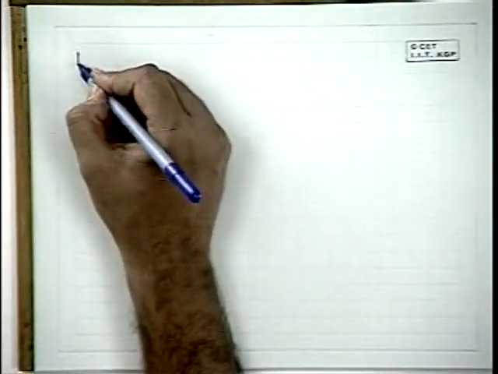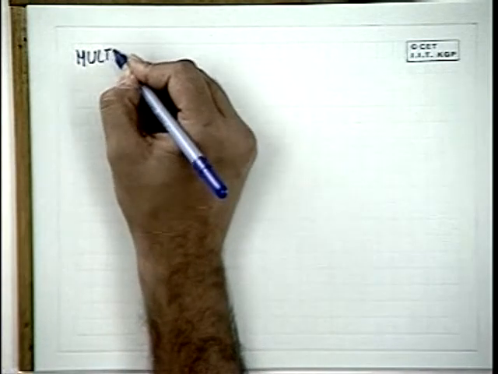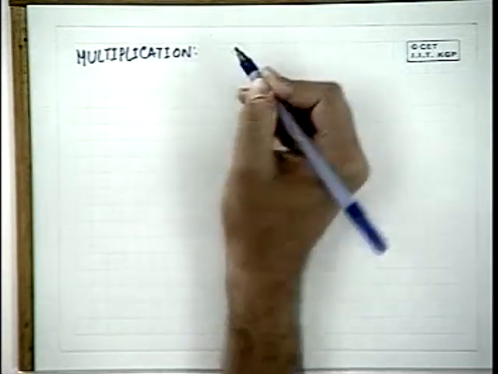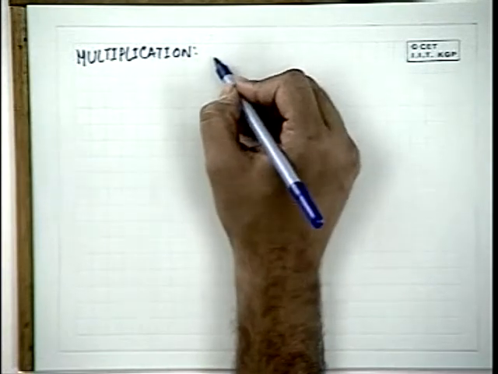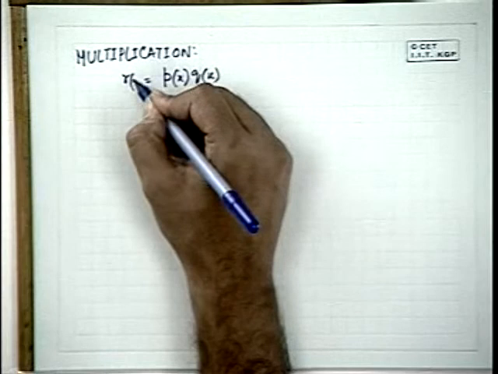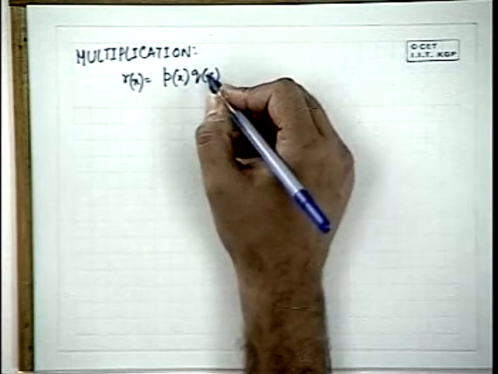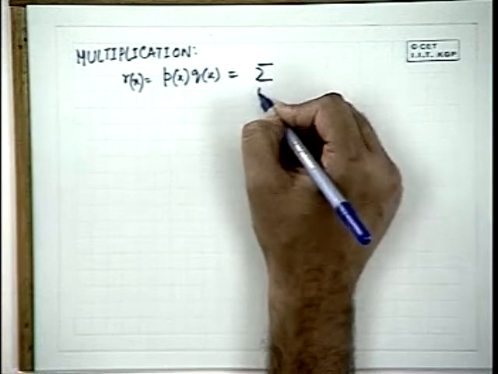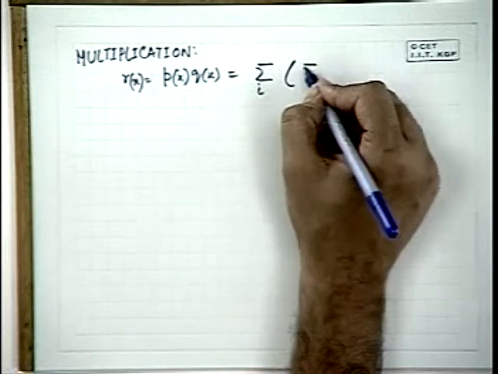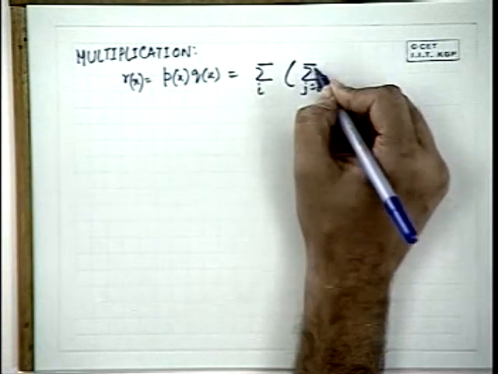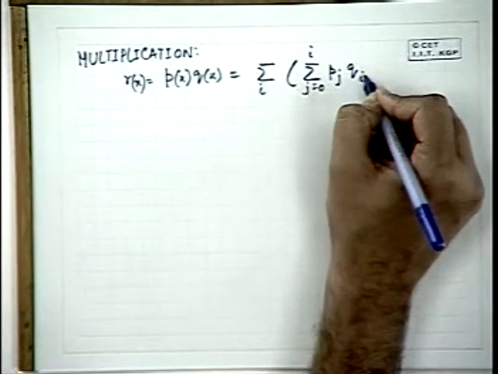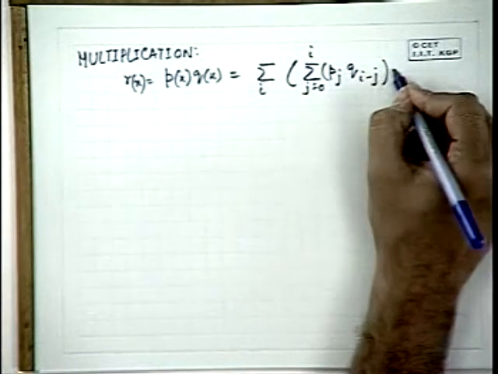And the next operation is multiplication. So, again we have been given P(x) and Q(x). We are asking for P(x) times Q(x). So, this time R(x) is equal to P(x) times Q(x), and this will look like sum over i, and there should be another sigma, j going from 0 to i, of Pj Q(i minus j), that is the coefficient of x^i.